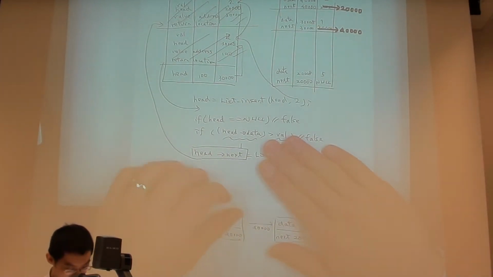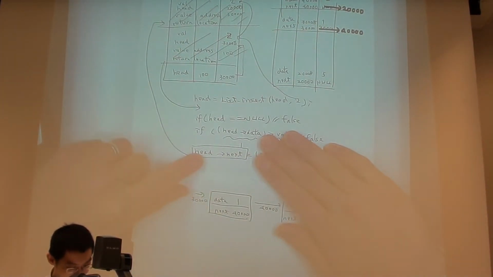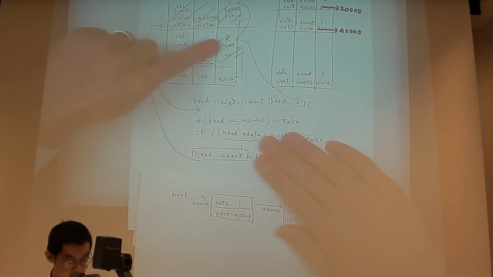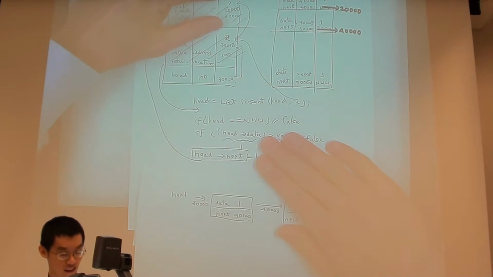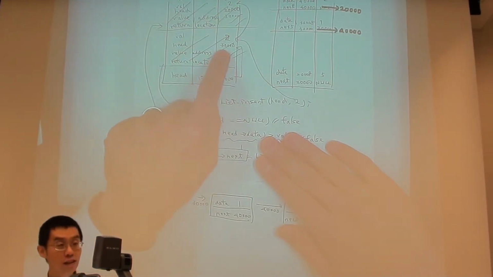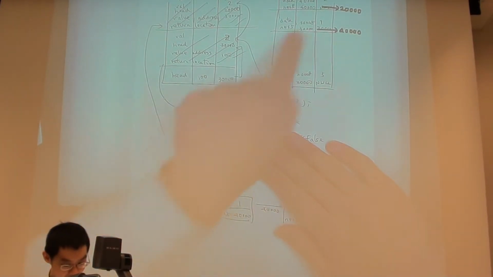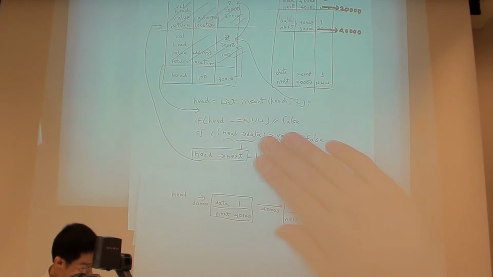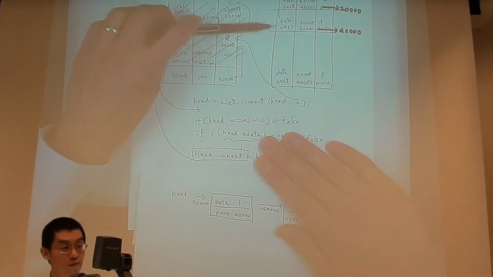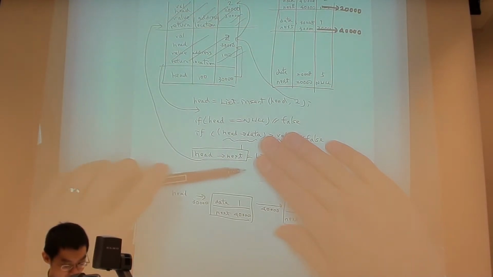Okay. So we are here, right? We are about to call the function again. So we are not on the top frame yet. Head is 30,000. Do you agree with me? Head next is here. Head next means this line. Agree with me? And it's on the left hand side of the assignment.